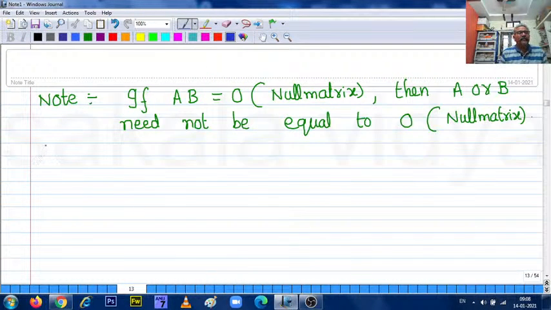So let's have a discussion on the fourth example.